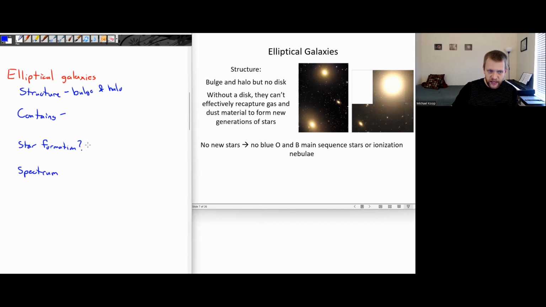So in this, we don't get any signs of star formation. And these have little to no gas.